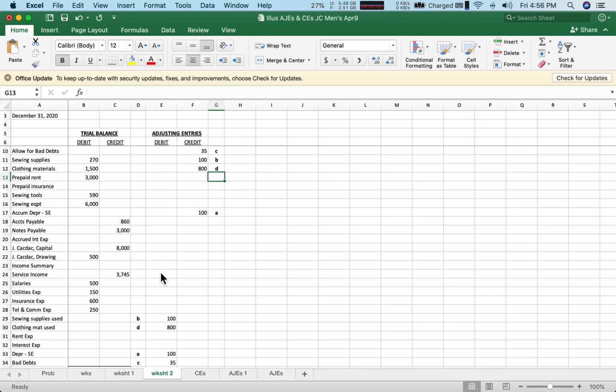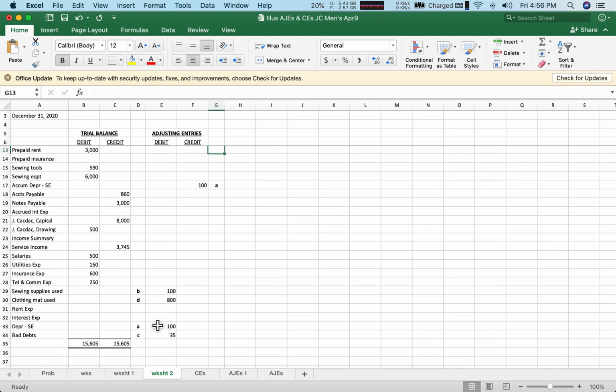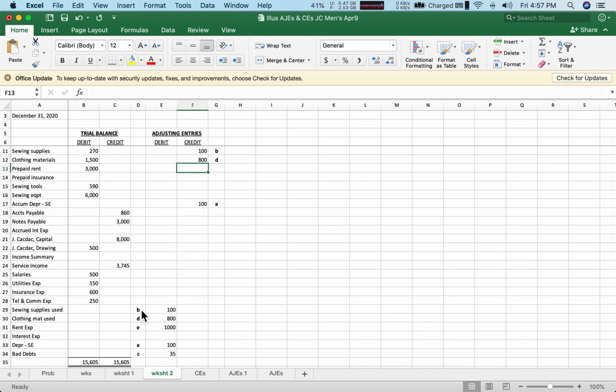The next one is E, rent expense. Look for rent expense, debit. E, rent expense is 1,000. And then what is the credit? Prepaid rent.